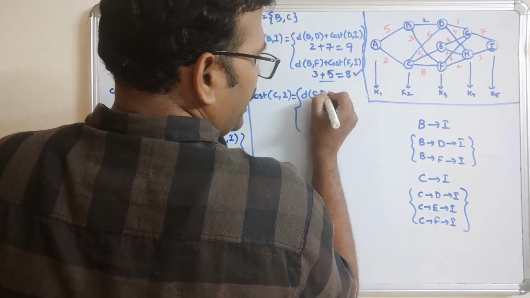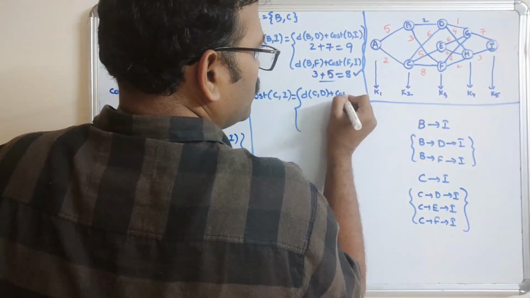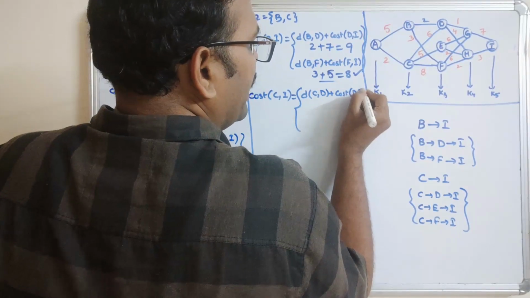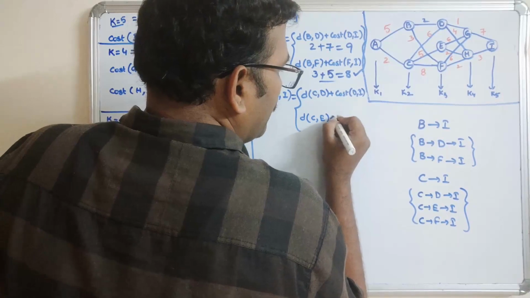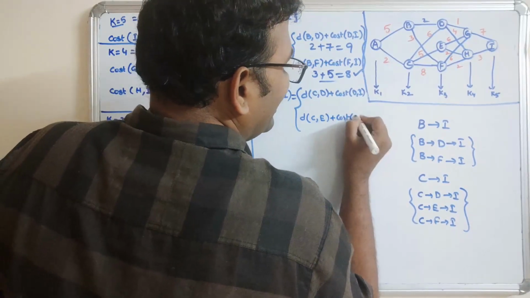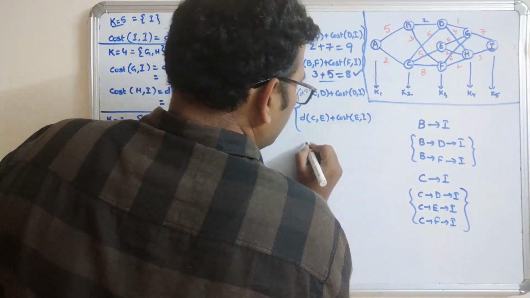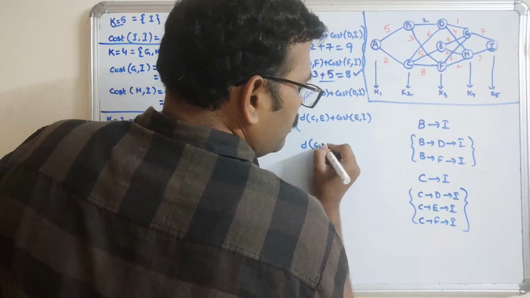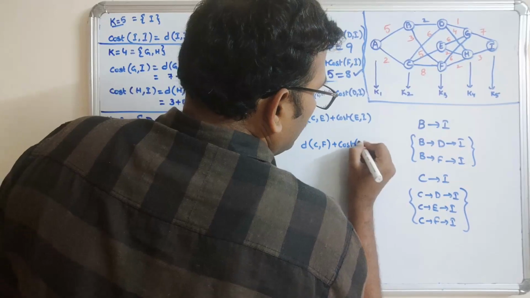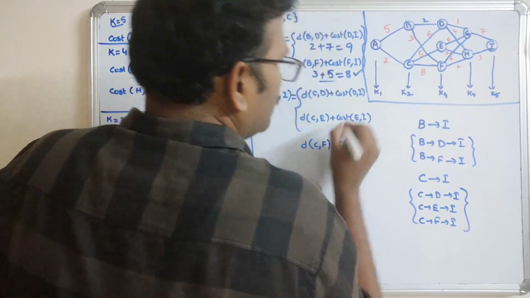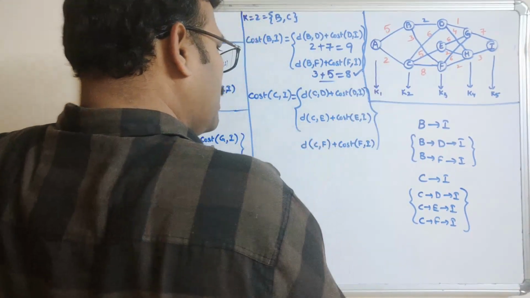C to D plus cost of D to I, similarly D of C to E plus cost of E to I, similarly D of C to F plus cost of F to I. Among these we have to consider the minimum.